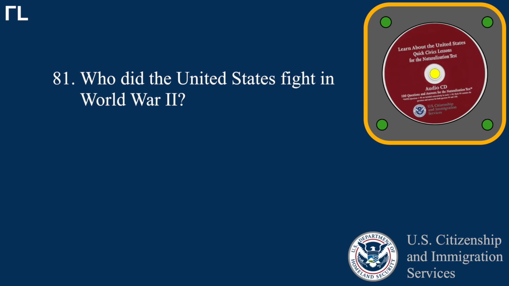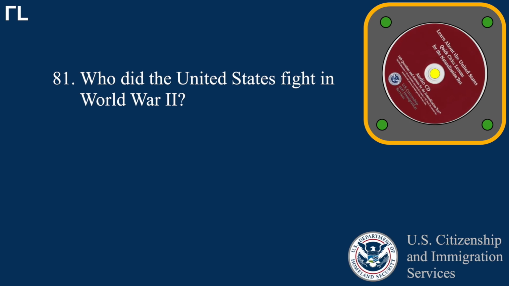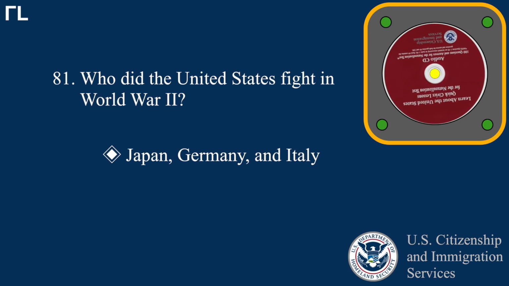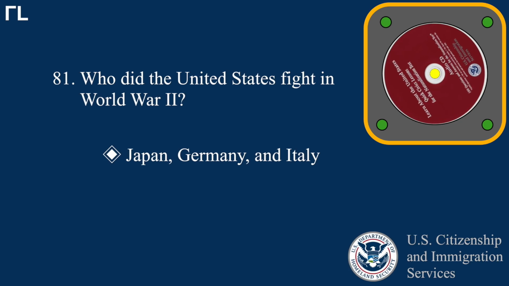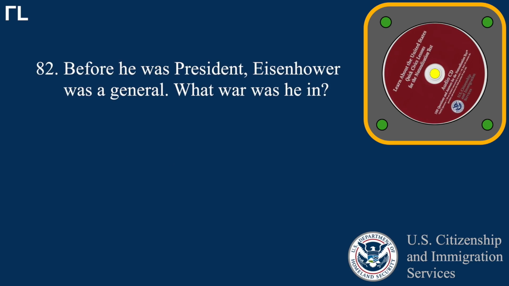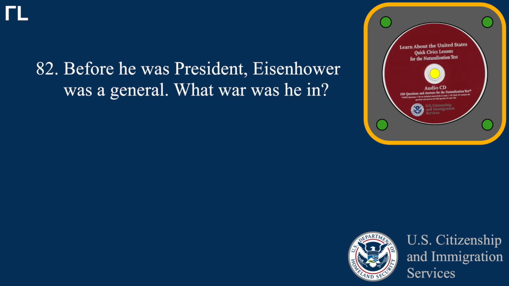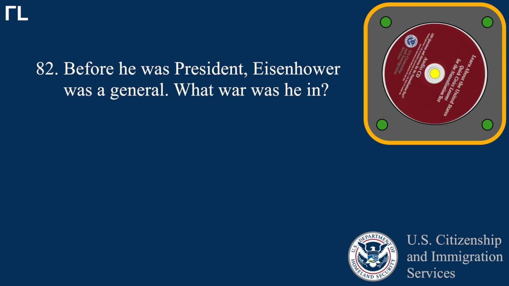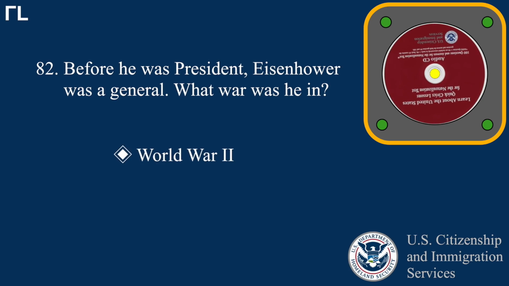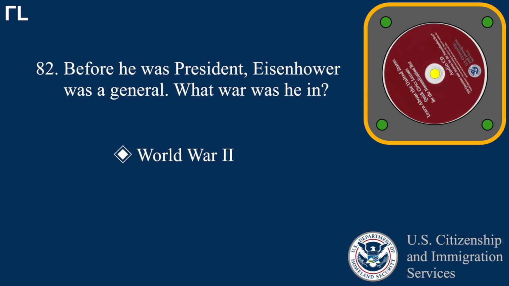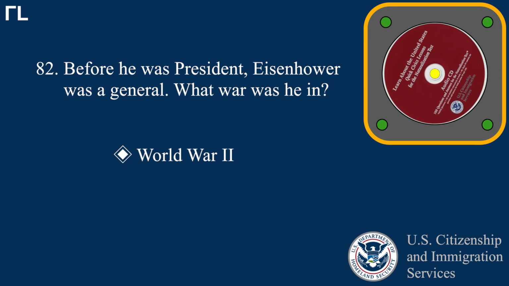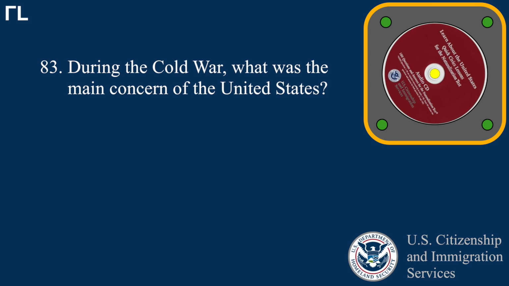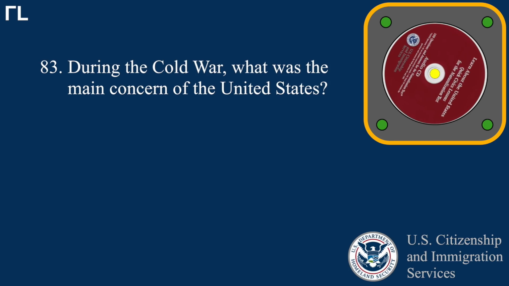Who did the United States fight in World War II? Japan, Germany, and Italy. Before he was president, Eisenhower was a general. What war was he in? World War II. During the Cold War, what was the main concern of the United States?